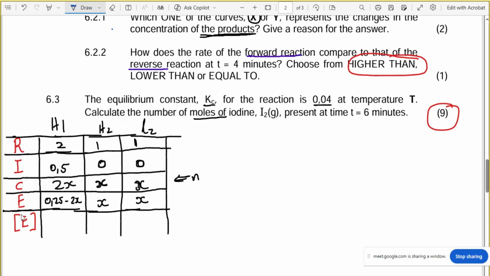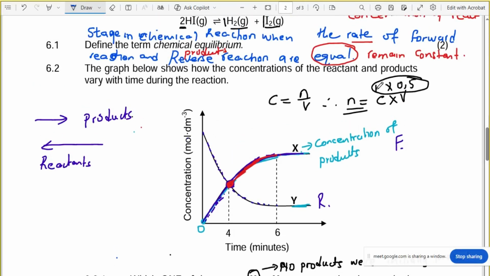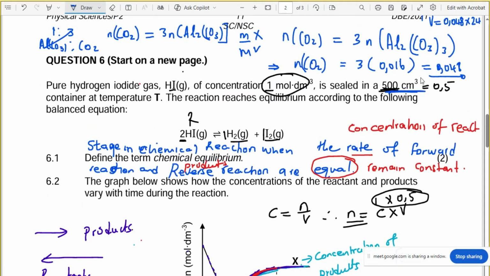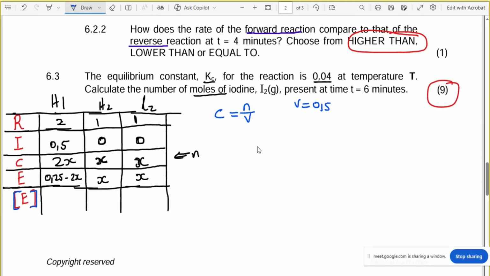Then the last one, this block here, shows you that you calculate the concentration. If you still remember, C is equal to the number of moles at equilibrium over the volume. The volume we set is 0.5 because it was given as 500 centimeter cube. We converted that, divided by 1000 to get 0.5. That's the number of moles, that's the volume. So look at this.